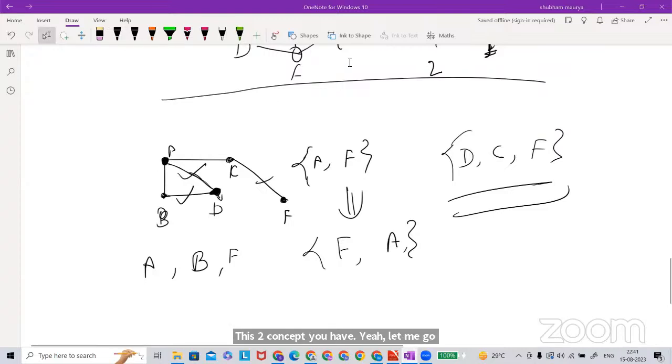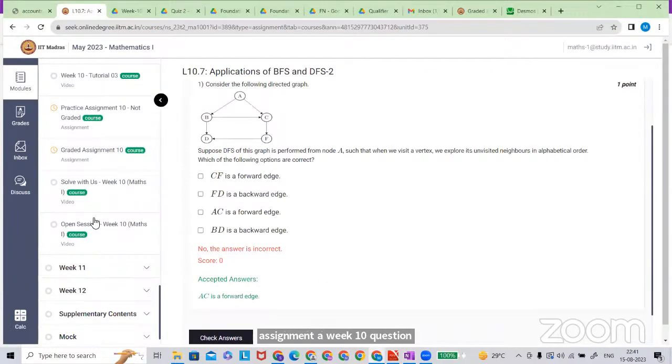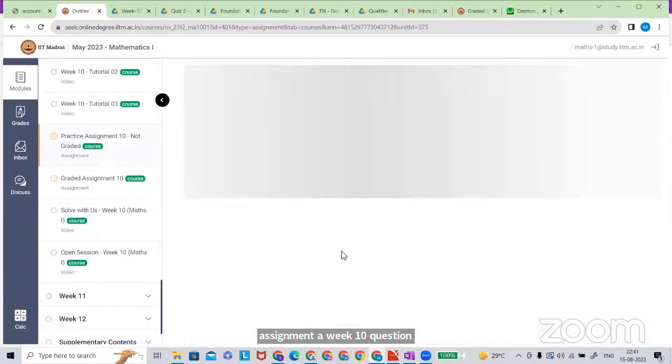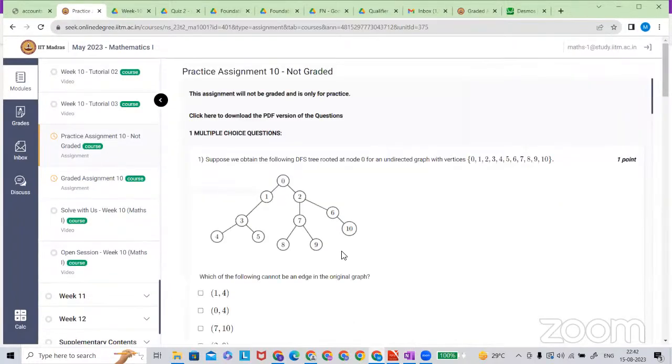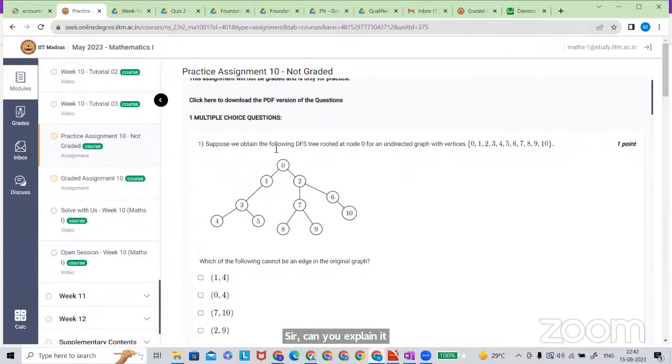Sir, another doubt question is there. Practice assignment week 10, question number 1. Sir, can you explain it in DFS and BFS in both the models?